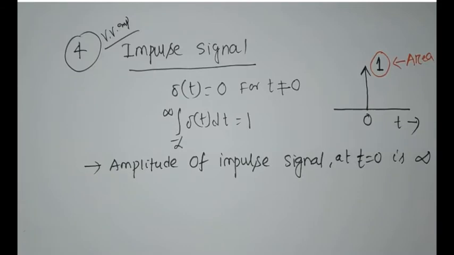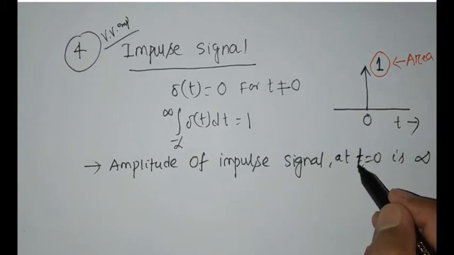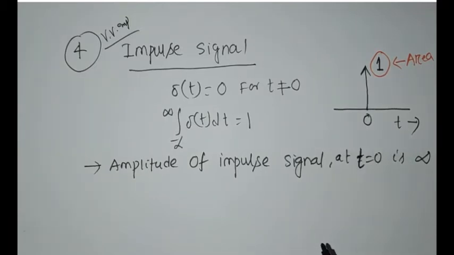Okay, this is very, very important. The amplitude of the impulse signal at t equals 0 is infinity.